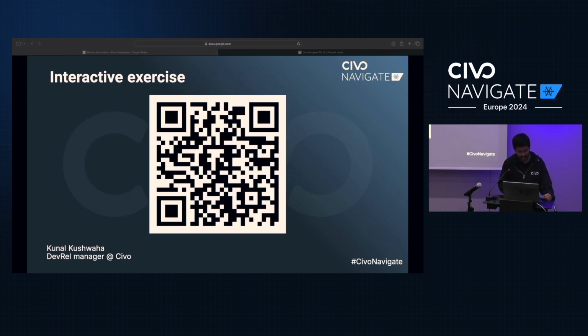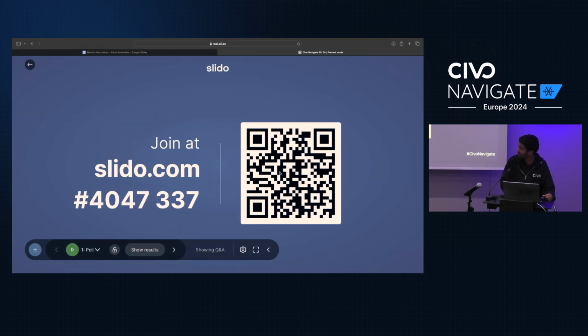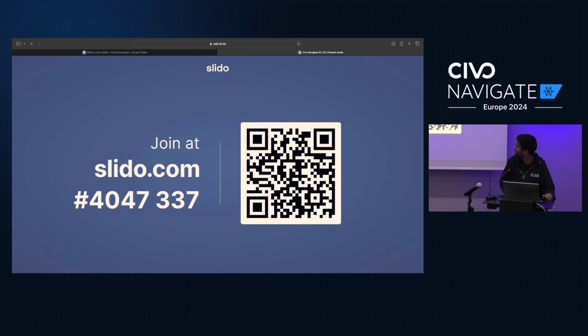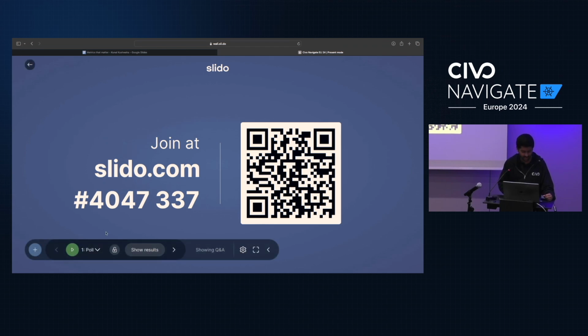So if you can scan this QR code. You don't have to sign up or anything. It's very straightforward.